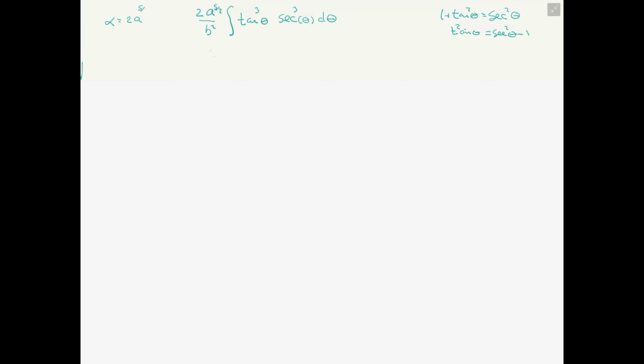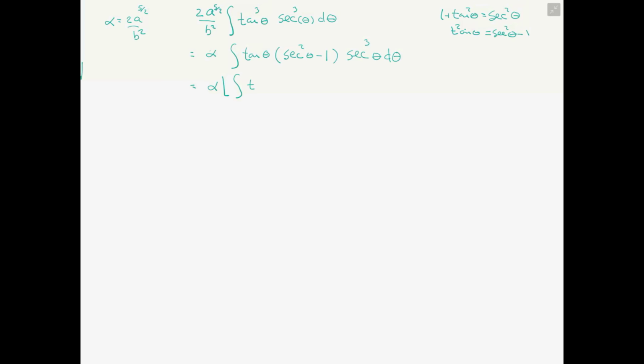Let's say alpha equals 2a to the 5 halves over b squared. So we have alpha, and we have tangent theta times secant squared theta minus 1 times secant cubed theta d theta.